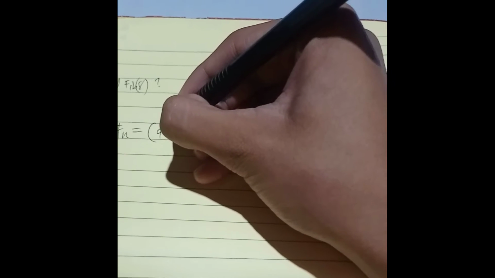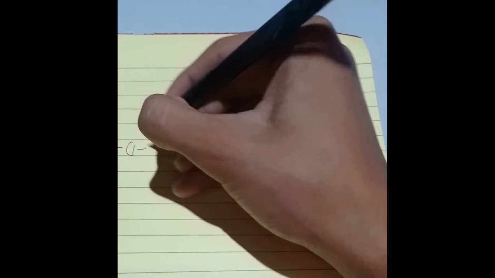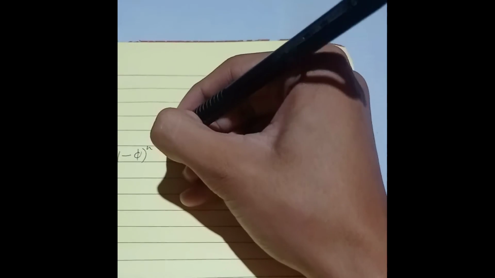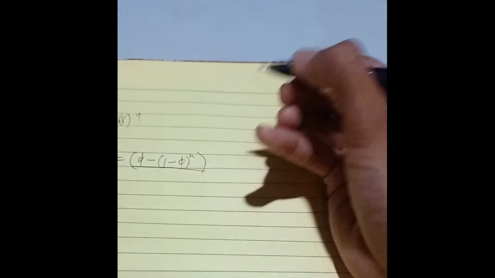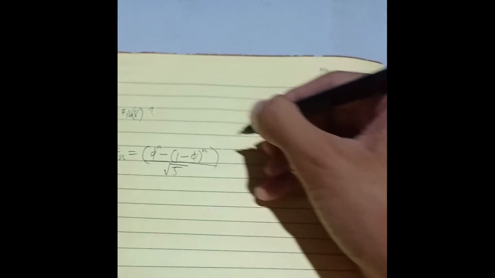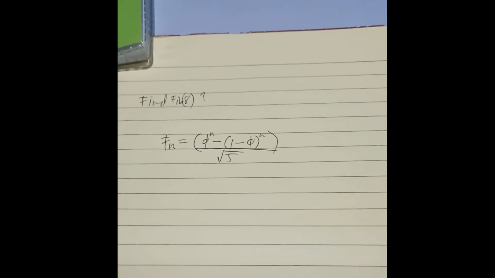I'm going to show you how to solve it using Binet's simplified formula: Fn is equal to (phi to the n minus (1 minus phi) to the n) over the square root of 5. That's Binet's simplified formula.